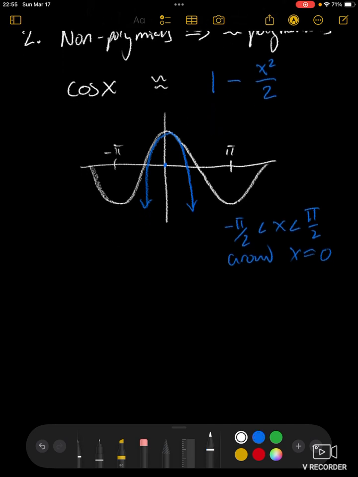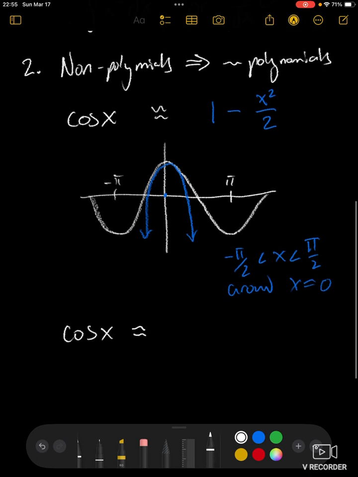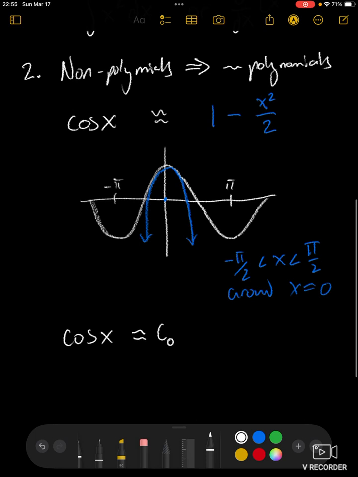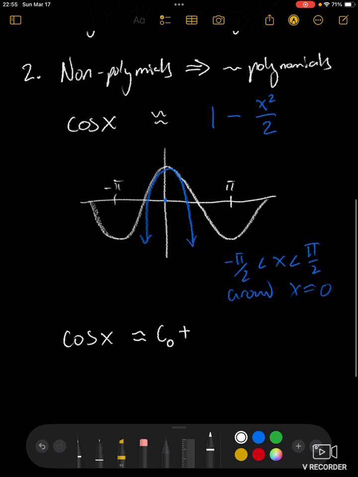So what does this mean though? So we know that we can make cosine about equal to, well, we can polynomialize it in a way. I don't know if that's a word, but I'll use it here. So for example, we basically set it up so that it is equal to a polynomial equation, such as this.